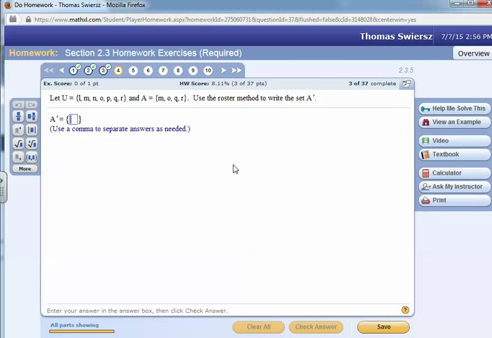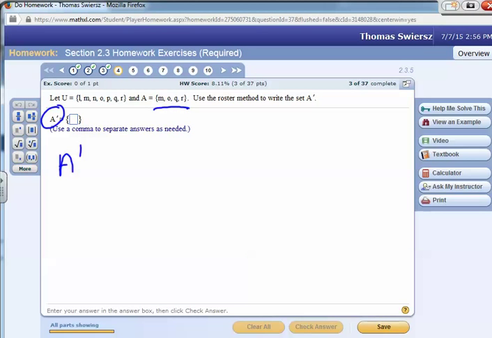All right, exercise number 14. With respect to the universal set, we have L, M, N, O, P, Q, R. That's the set containing everything. A has M, O, Q, R, and A complement. The quote there means the elements that are not in set A but are in the universal set.